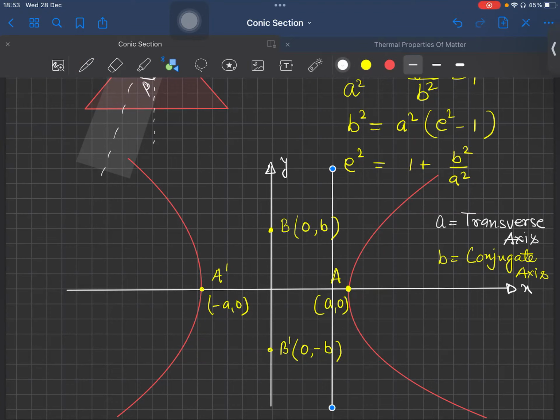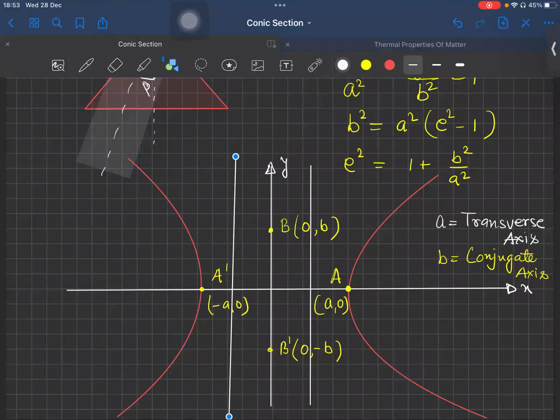This line is the directrix. So what will be the equation of directrix? x is equal to minus a upon e, and here x is equal to a upon e. So this will be the equation of directrix.